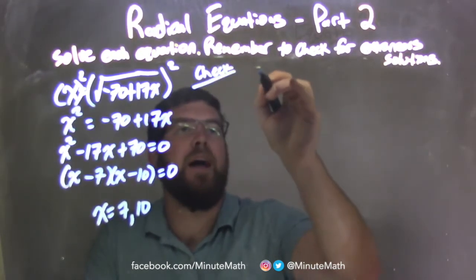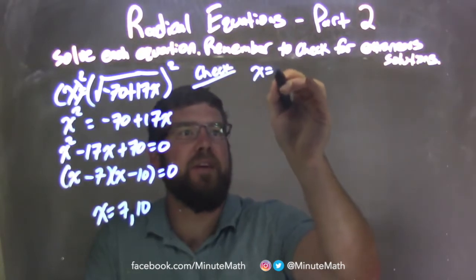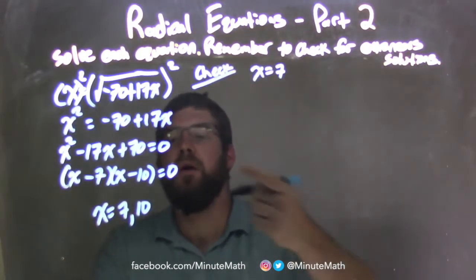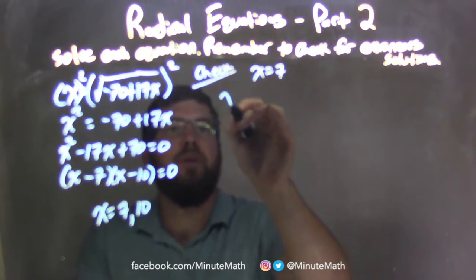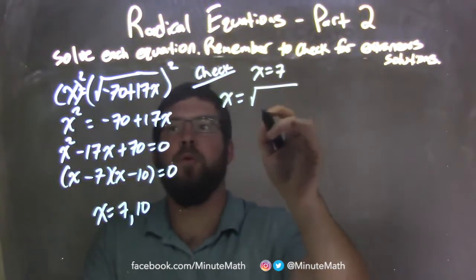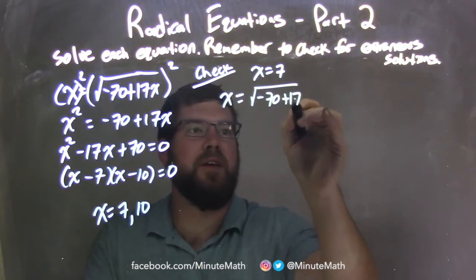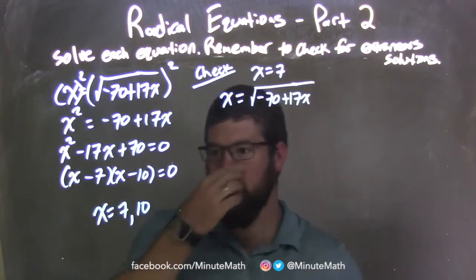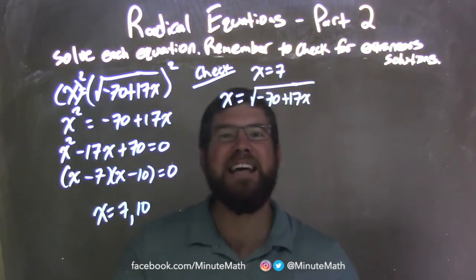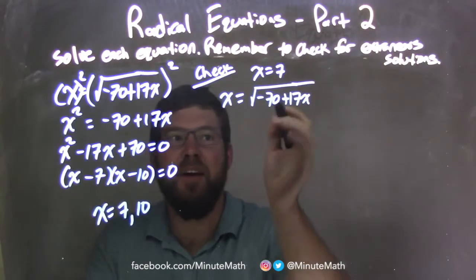And so from there I want to check this. I have x equals 7 here, okay? Check x equals 7, so we have x equals the square root of negative 70 plus 17x. We're going to plug 7 in for x to see if that's a true solution.